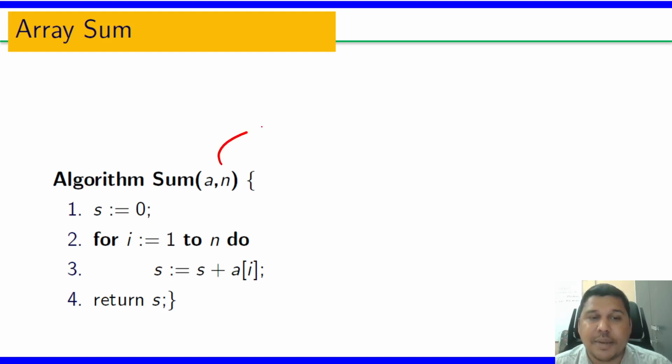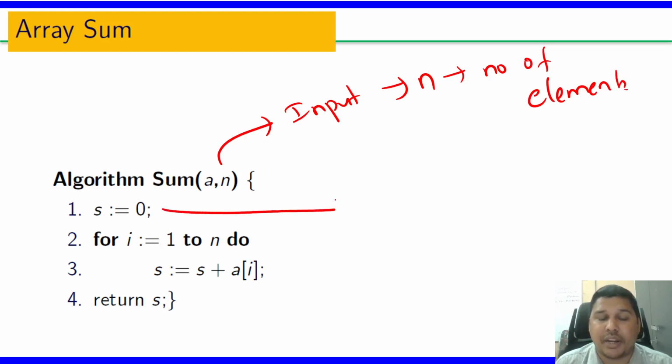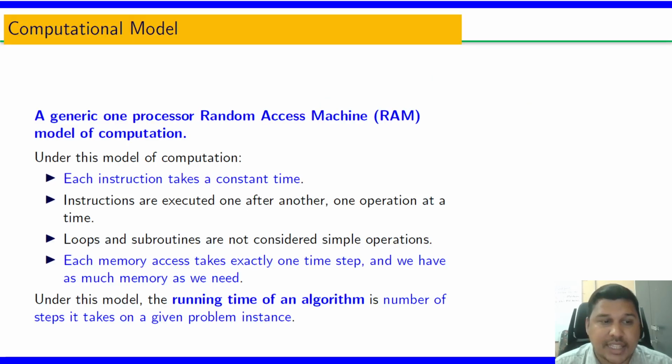What is the input here? The input size is n, the number of elements. How many times will each step happen? The assumption here is each instruction takes constant time.